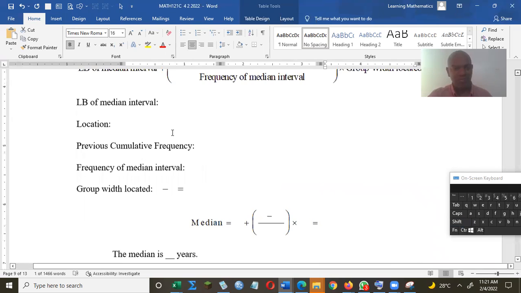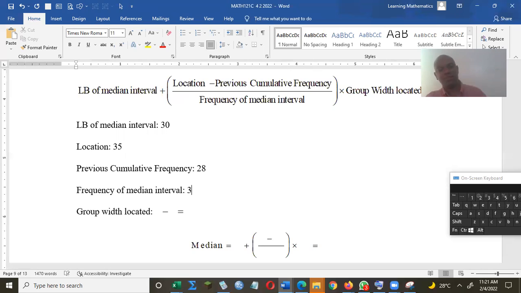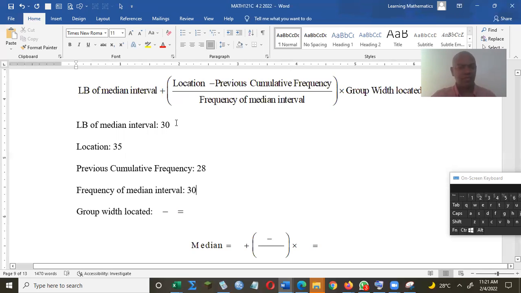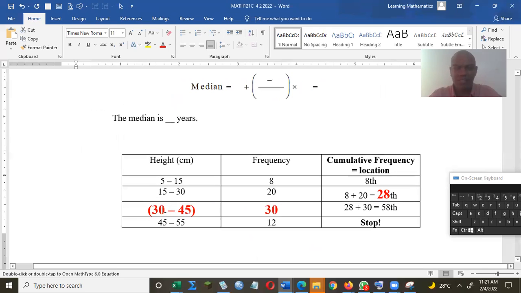The lower boundary of the median interval is 30. The location, we got the location to be 35. The previous cumulative frequency is 28. The frequency of the median interval is 30. Okay? And the group width, the width of the interval, is 30 to 45.